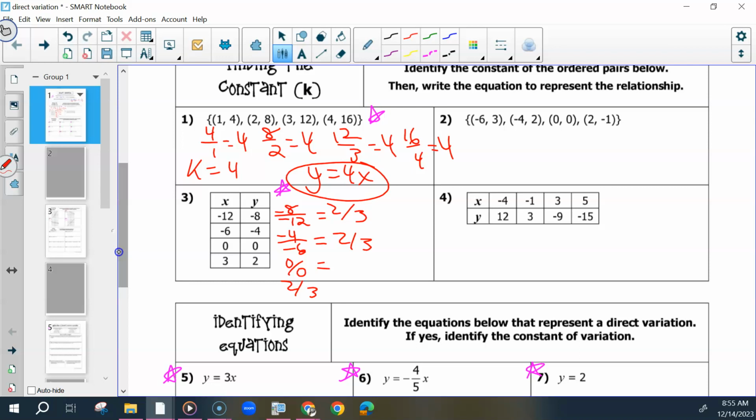But if we think about this on a graph, if I was counting my slope and started at 2 over 3 and then went down 2 to the left 3, I would end up back at 0, 0. So even though this won't equal 2 over 3, thinking about it on the graph, it would. So the constant is still the same.